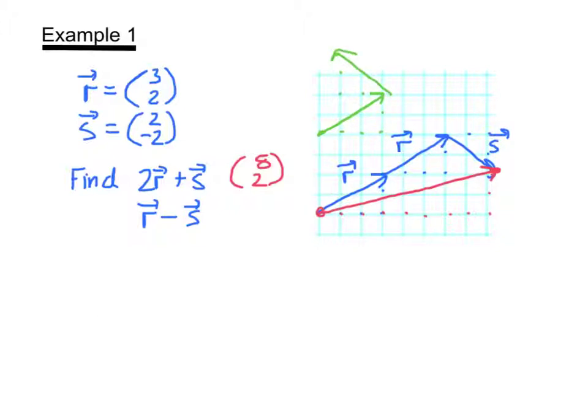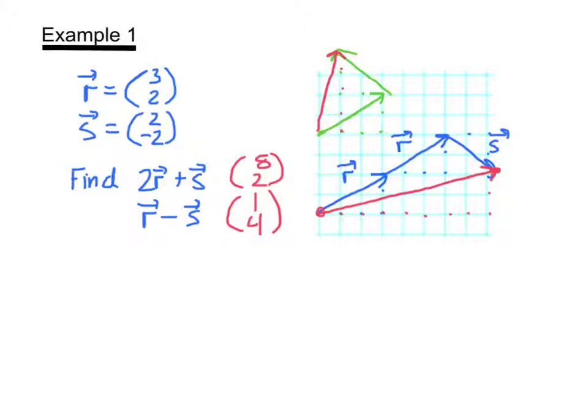Okay, and my resultant here is going to be over 1 to the right and then up 4. So that's the graphical or geometrical way of simplifying these vector expressions.